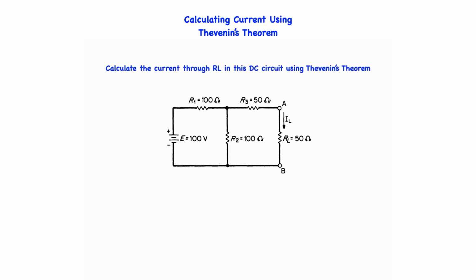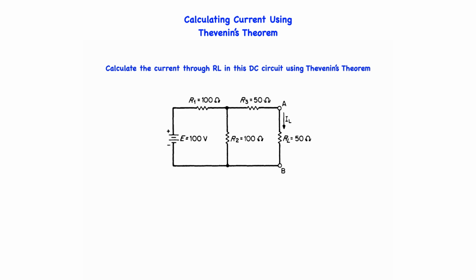Our task in this problem is to calculate the value of the current IL through the resistor RL in this DC network using Thevenin's theorem. Thevenin's theorem states that any two-terminal linear network containing resistances and sources of EMF and current may be replaced by a single source of EMF in series with a single resistance.